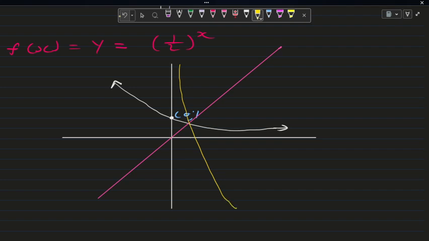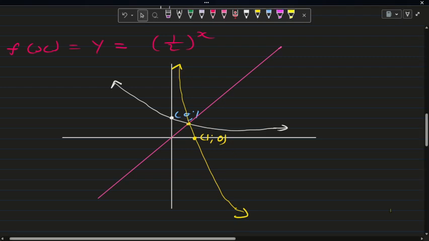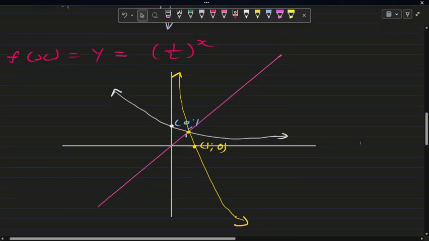Let's try again. Okay, so it will look something of that sort. This is the inverse function, and this point is given by x is equal to 1, y is equal to 0, and this is the point of intersection of the two graphs.